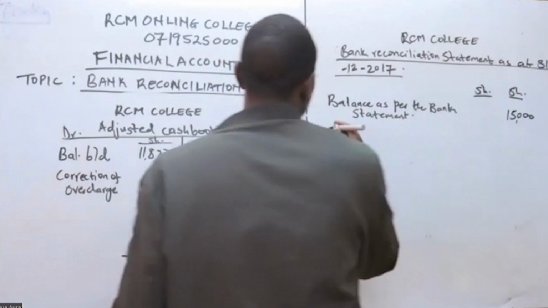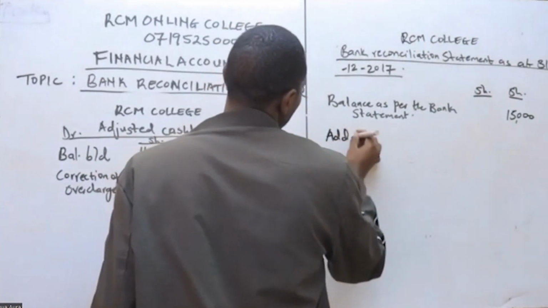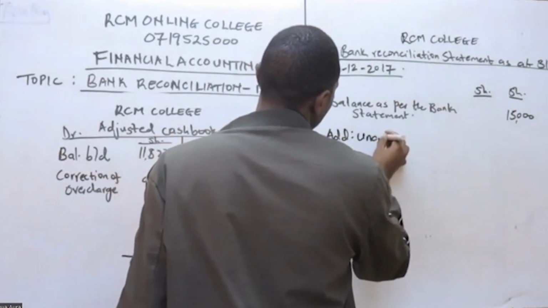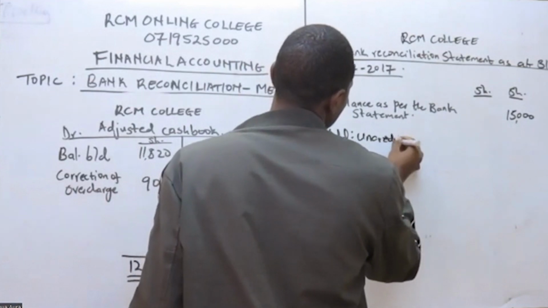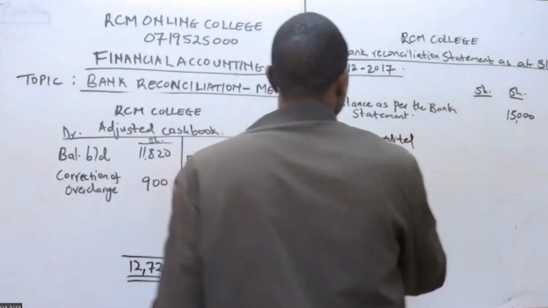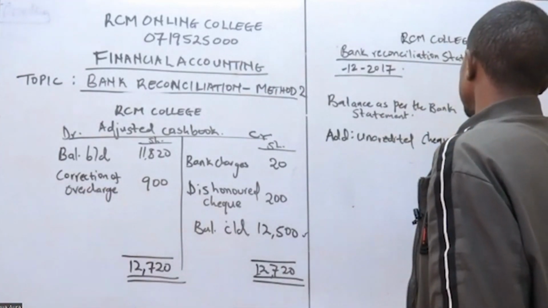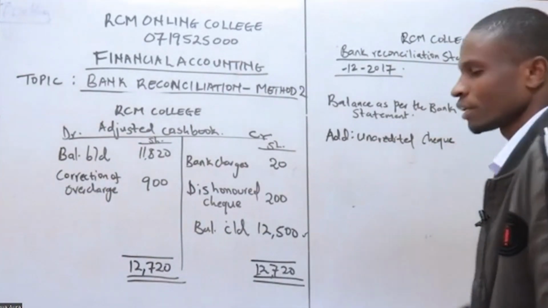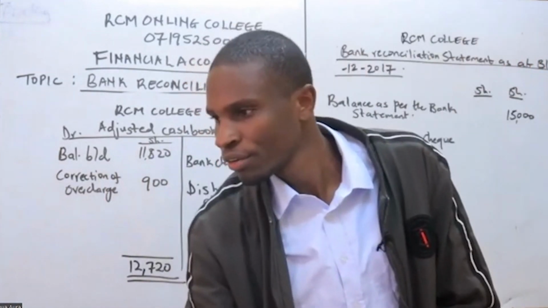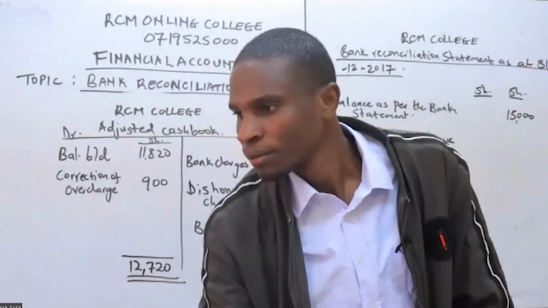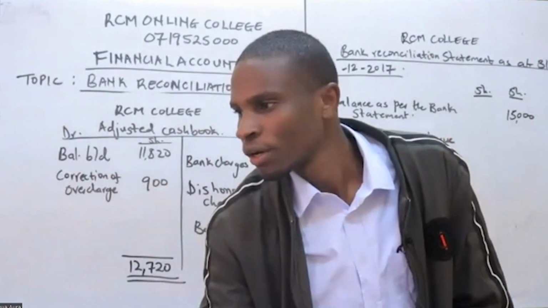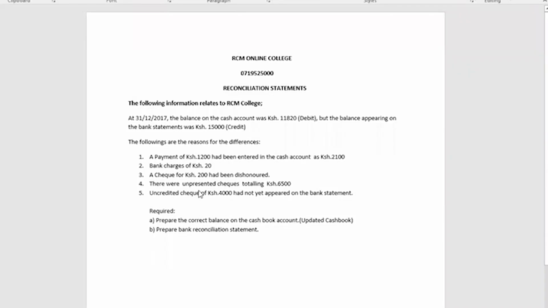Then you add uncredited check. In this case, you are given an uncredited check of 4,000, and then the other one is unpresented of 65.